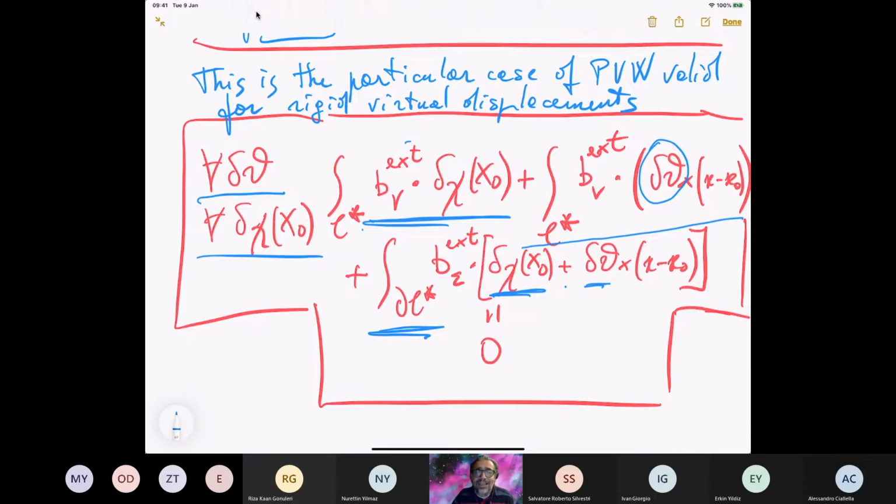So you already understand that we are proving a necessary condition for equilibrium, not a sufficient condition. Because equilibrium occurs if and only if the total work is 0 for every displacement. And now we are considering the particular case where the virtual displacement is rigid. So one cannot expect that the final result which we are going to obtain is also sufficient for equilibrium. It is necessary for equilibrium.